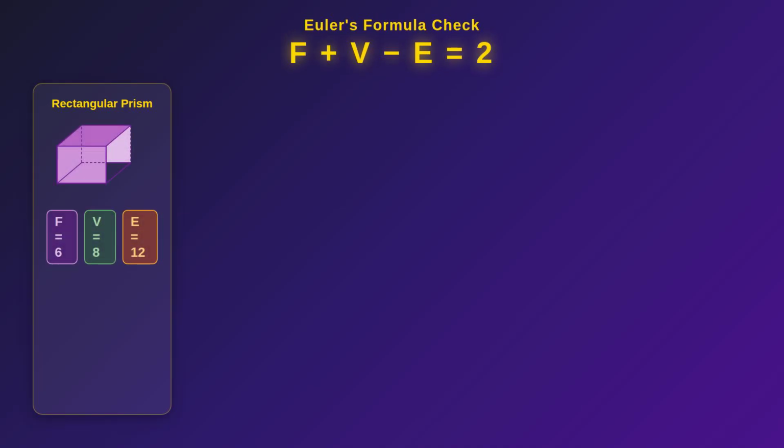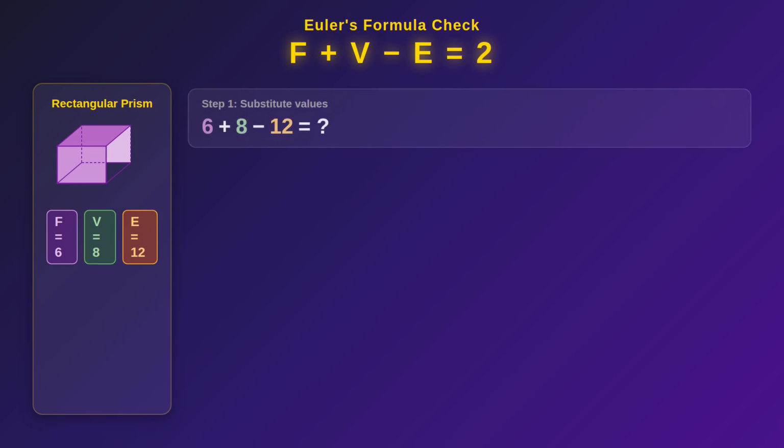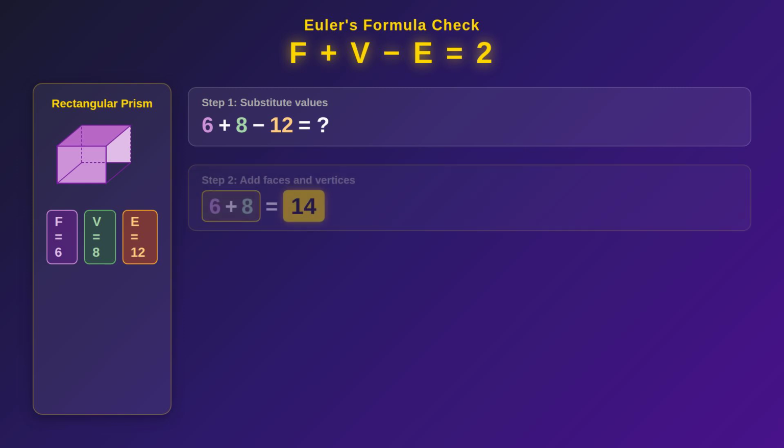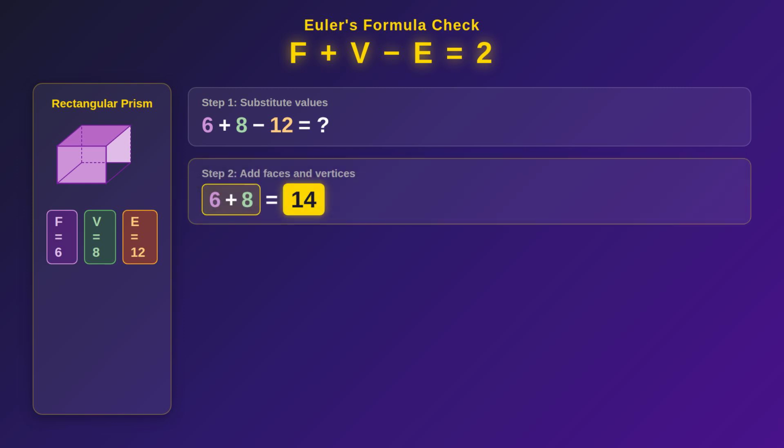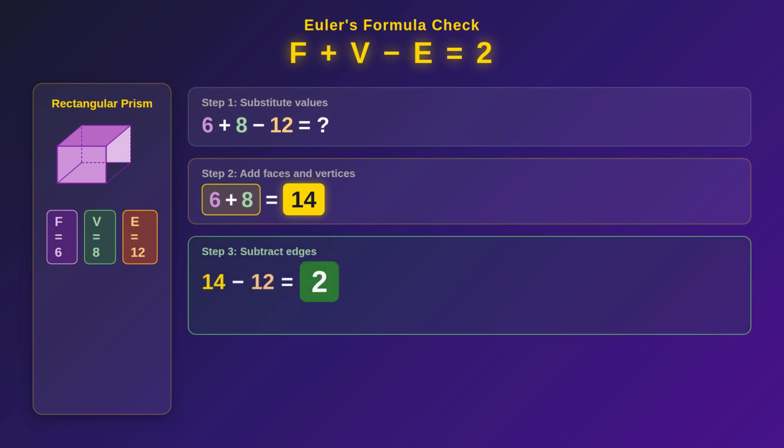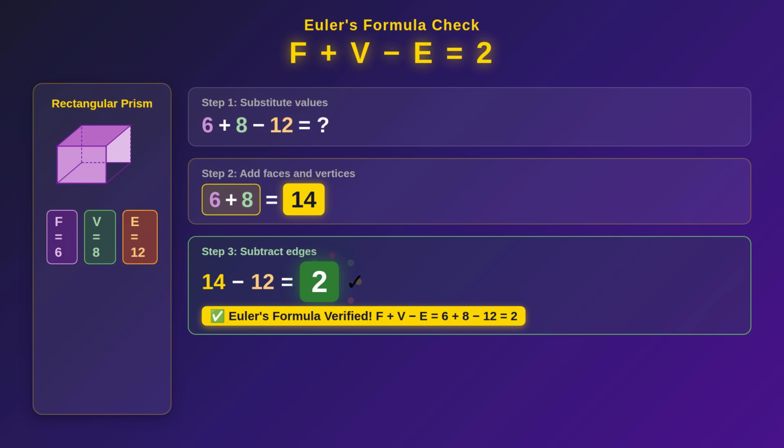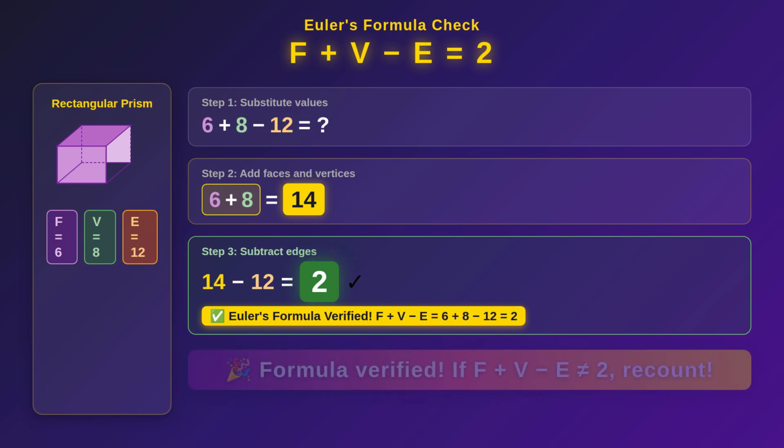How cool is that? Let's use Euler's formula to check our work, just like Maya does on her worksheet. We'll use the rectangular prism. It has 6 faces, 8 vertices, and 12 edges. Plug them into the formula. F plus V minus E equals 6 plus 8 minus 12.